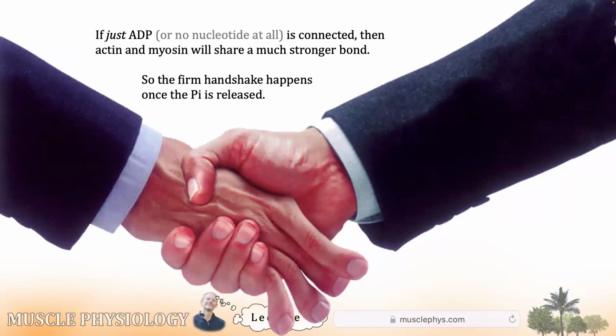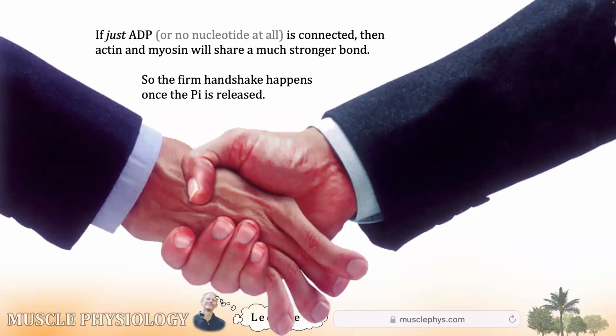To do that, the phosphate is released. Pi means inorganic phosphate, inorganic because there's no carbon in it. By releasing that phosphate, the capital P, lowercase i, you transition to a strong bond. As long as just ADP is bound to the myosin head, or no phosphate, or nothing at all, you have a strong bond.